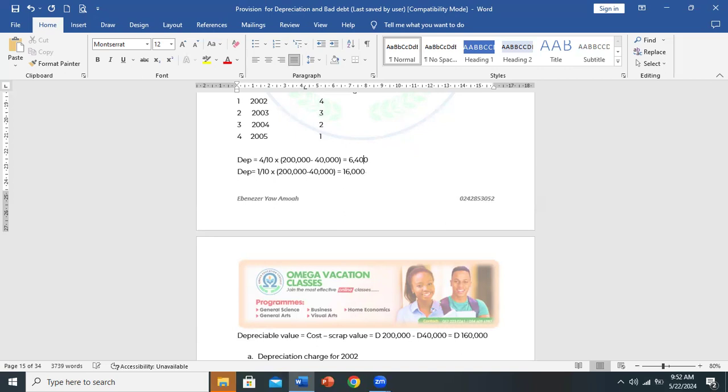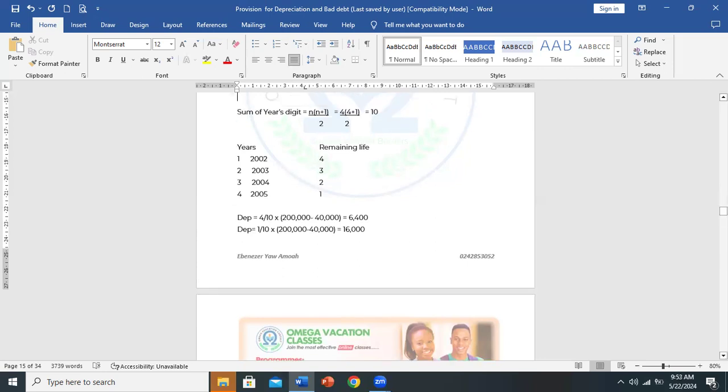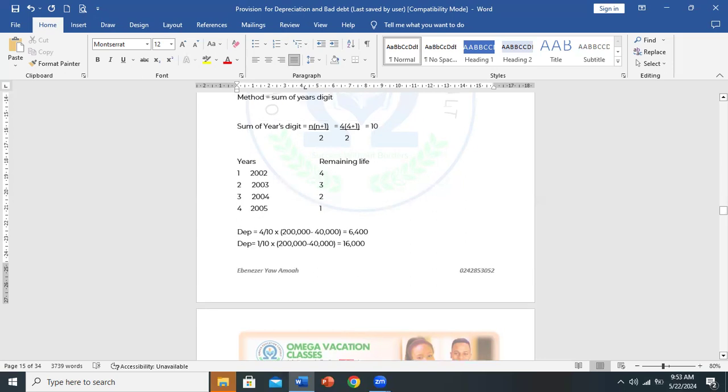So please, for the sum of years, when you go through the past questions, they don't normally give longer useful life, like 10 years, 20 years, 30. Normally 4 or 5, so that the calculation can be easier for you. The key things I need you to note is you need the sum of years, and then you need the remaining life. So just turn the years and rearrange it. You get the remaining life. You can put it in the formula, and this is the formula.